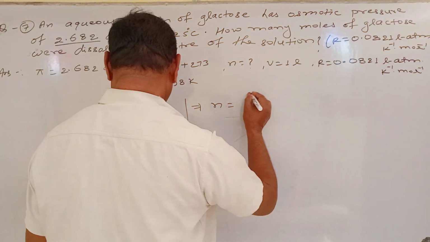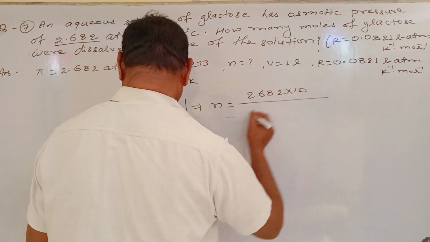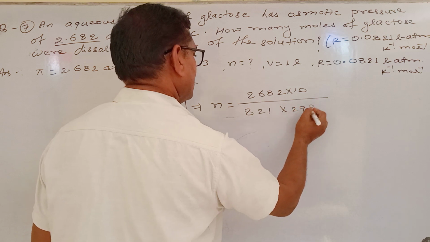We write 2682 into 10 upon 821 into 298.